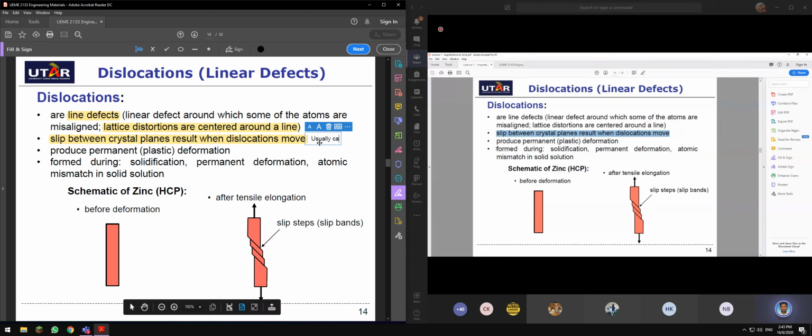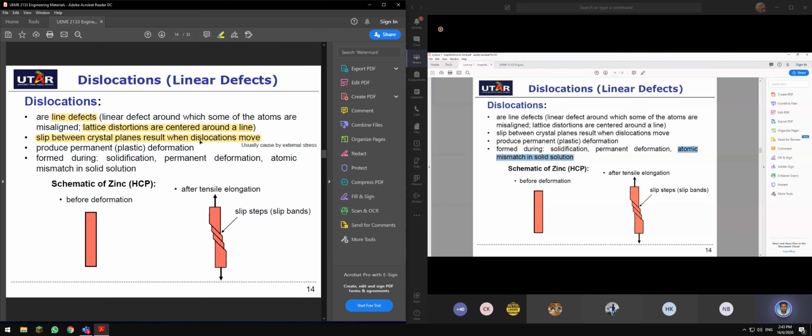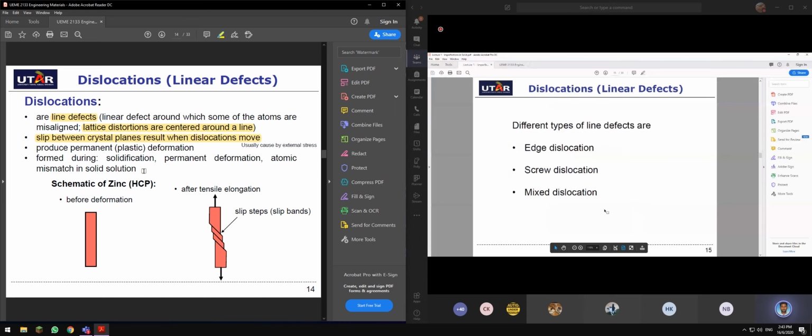Dislocations are formed during solidification and permanent deformation; this external stress is the main culprit. Atomic mismatch in solid solution as well. Here is a schematic of zinc, hexagonal close packed. Before deformation is this, and after tensile elongation is this. These are slip steps.